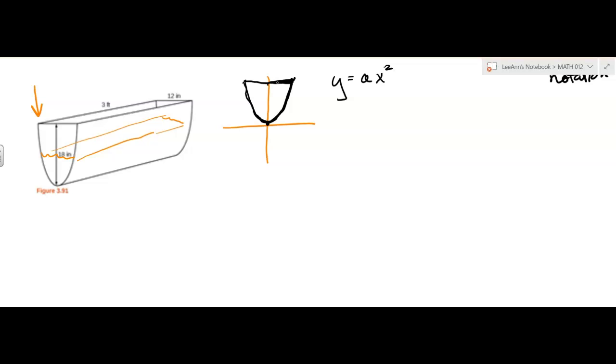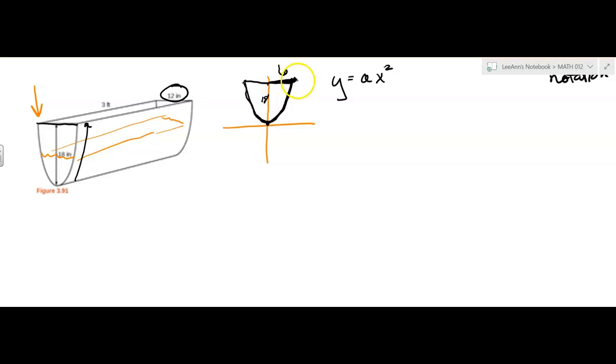So the distance across the top here is 12 inches, okay? So this is 6 inches right there. And we know this point has, like if the whole trough was filled up, that would be a depth of 18 inches, okay?